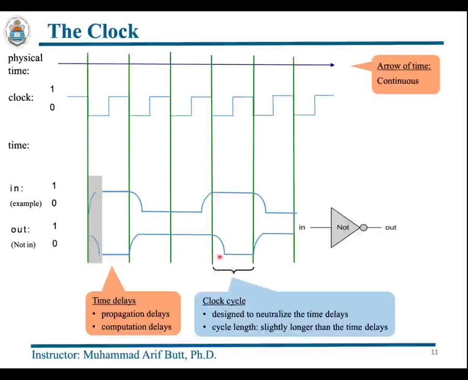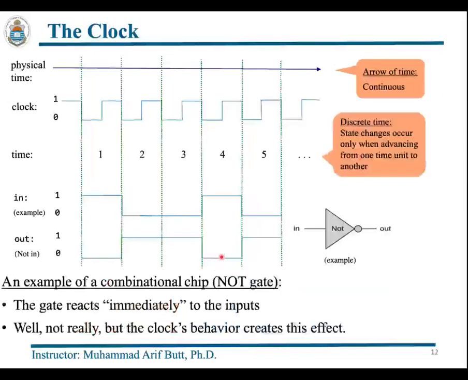Otherwise, these computation and propagation delays will create problems. To sum up, for this combinational chip NOT, it appears from this signal diagram that the gate reacts immediately to the input. But actually this is not the reality. It is the clock behavior that creates this effect.